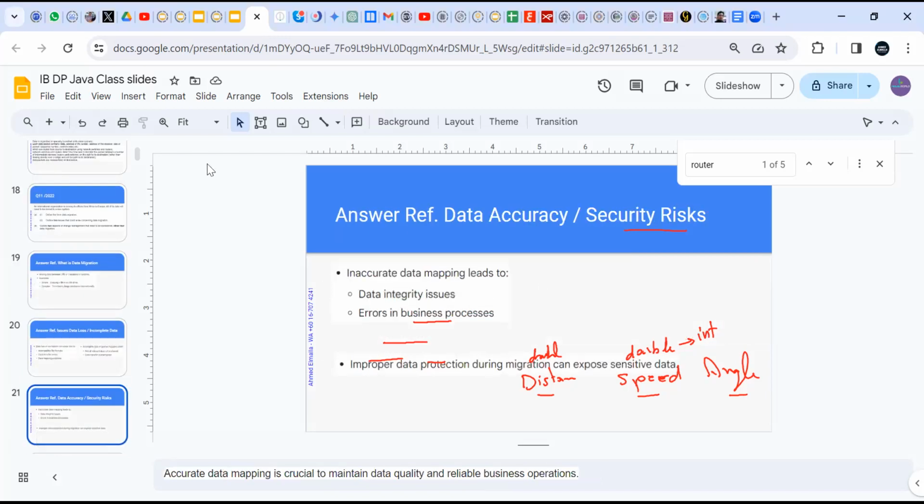Okay, so data accuracy, again, if you are not doing a correct migration, you will have problems with the data. So you could be transferring data from one bank table to another, and you will find that numbers, maybe because of using different data types, are rounded somehow, or even truncated or shifted.